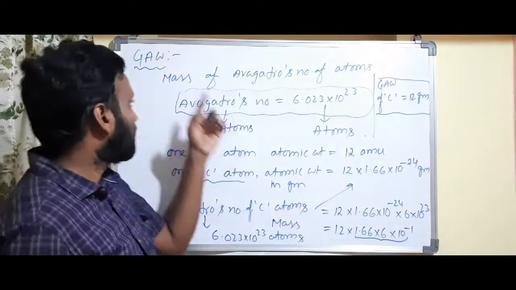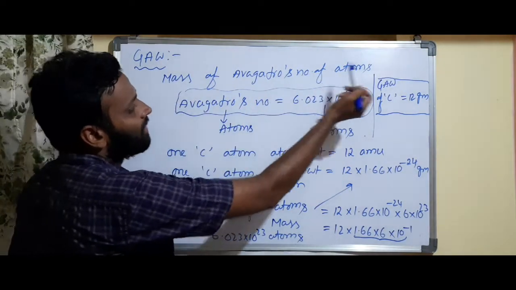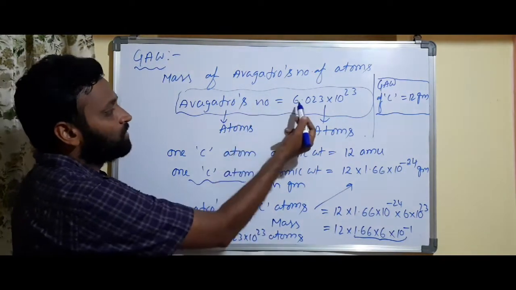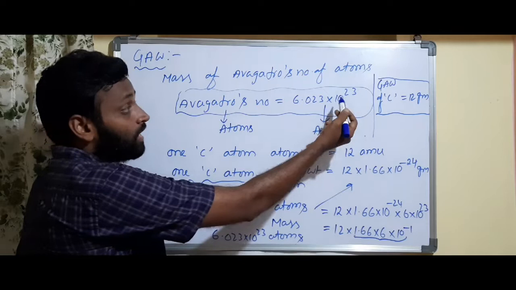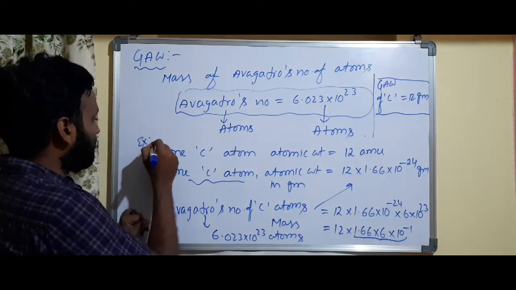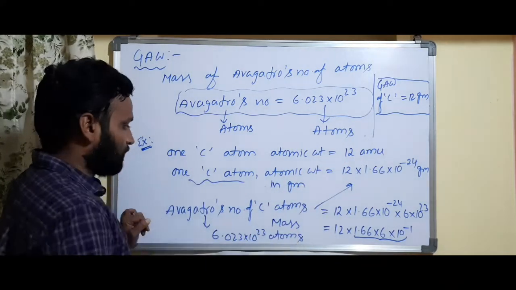And afterwards, gram atomic weight. What is the gram atomic weight? Mass of Avogadro number of atoms. Avogadro number means how much? 6.023 into 10 power 23 atoms. So I gave one example here. Don't get confused. One carbon atom atomic weight is 12 AMU.